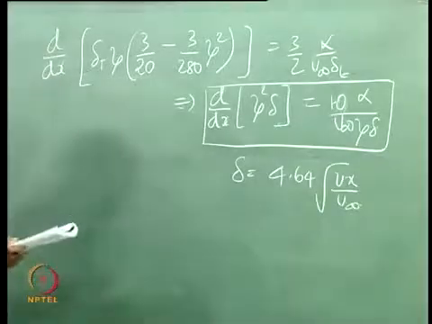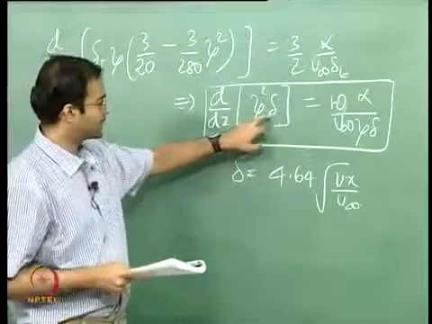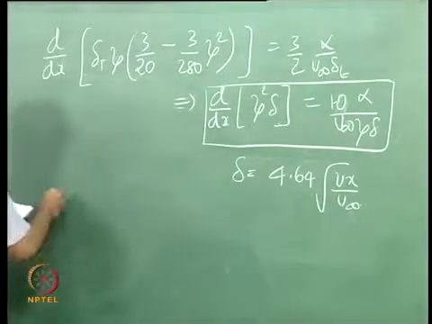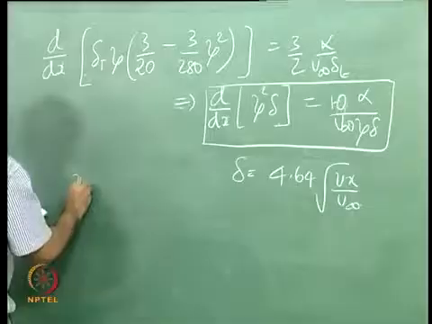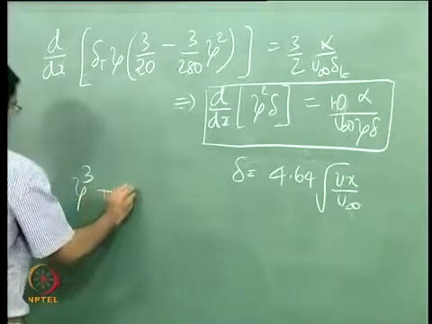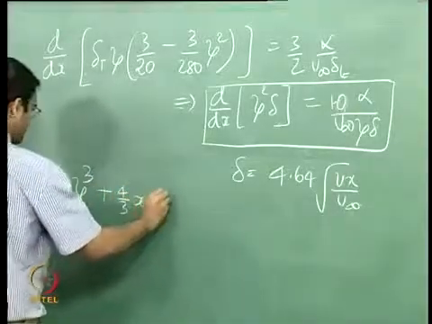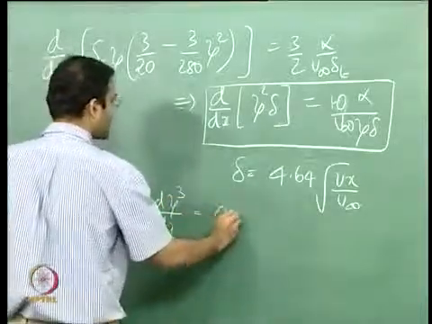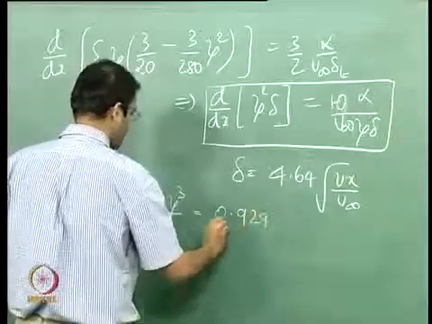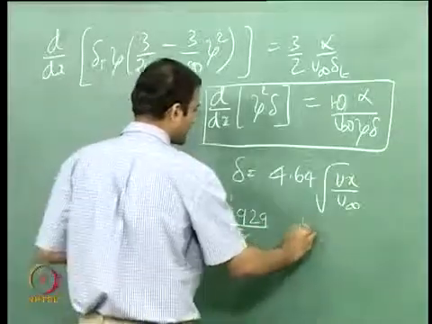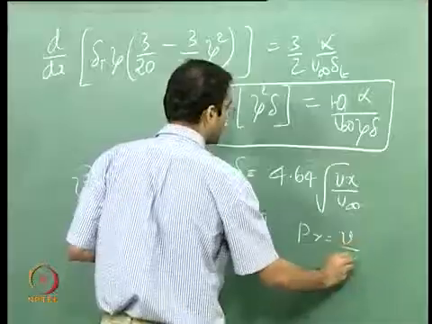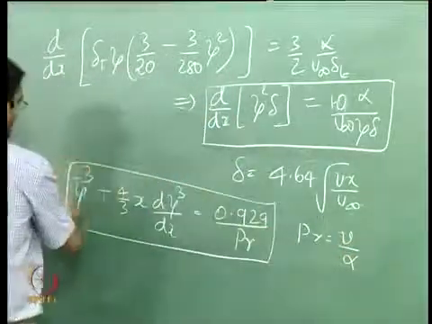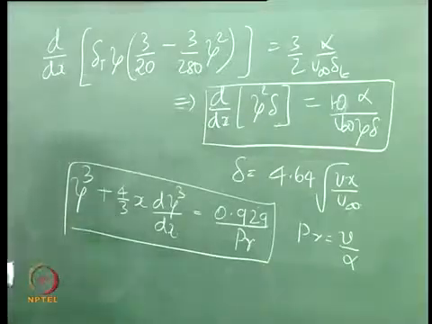If I substitute this value of delta into this, and expand this particular ODE, this will be zeta cube plus 4 by 3 x d zeta cube by dx. This should be equal to 0.929 by Prandtl number, where Prandtl number is equal to mu by alpha. This is what you will finally get as the ordinary differential equation.